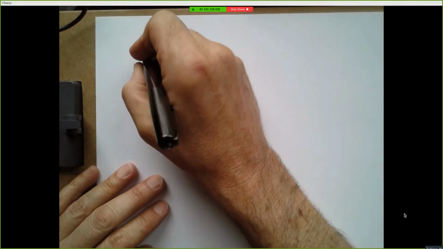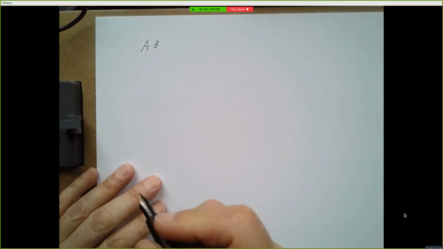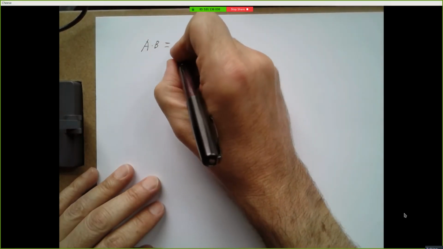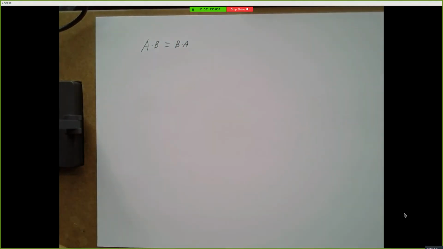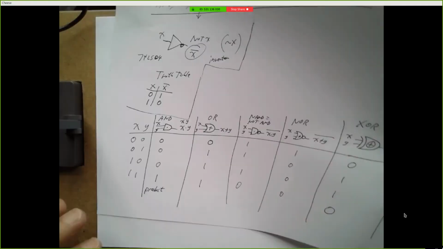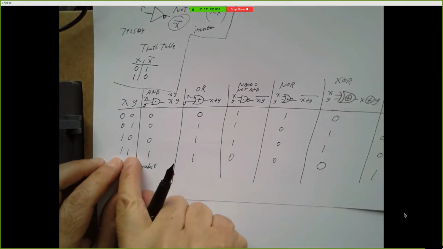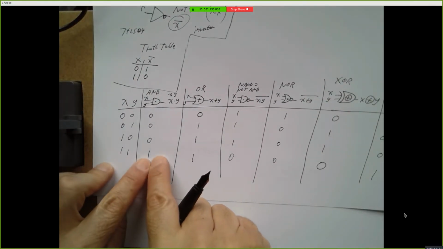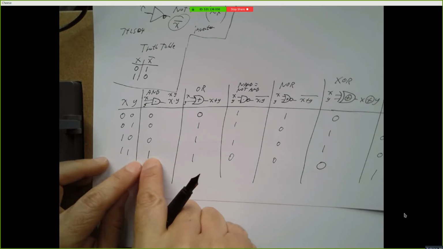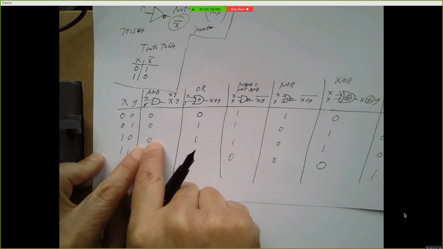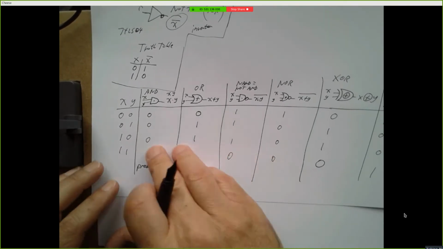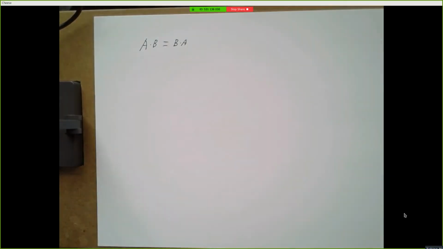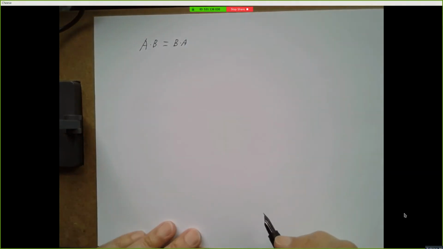It turns out if A and B are Boolean variables, and we take A and B, we get exactly the same thing as B ANDed with A. Why is that? Because 1 ANDed with 1 is a 1, 1, 0 is a 0, 0, 1 is also a 0. The order of x and y doesn't matter. So A ANDed with B equals B ANDed with A.